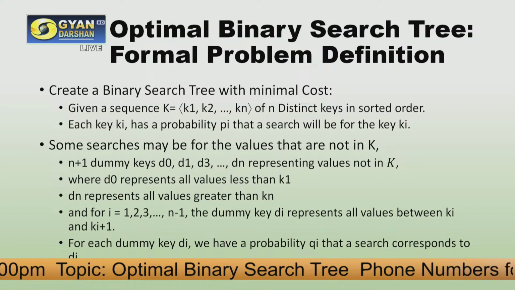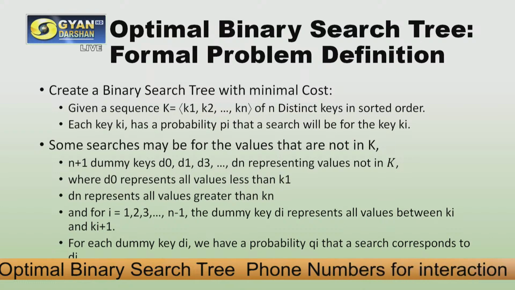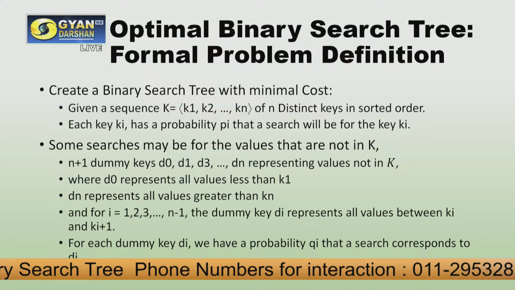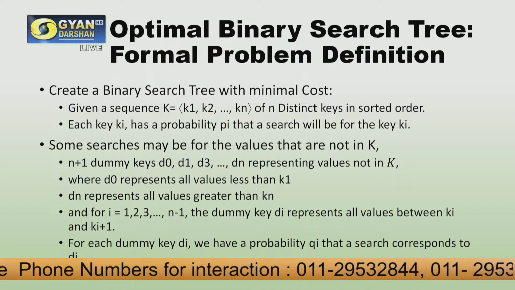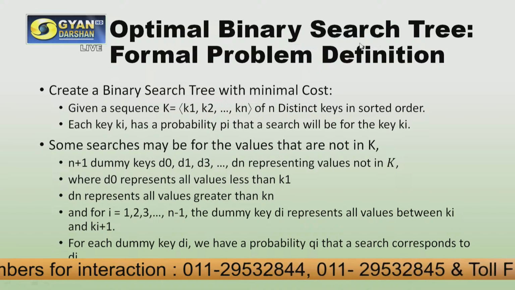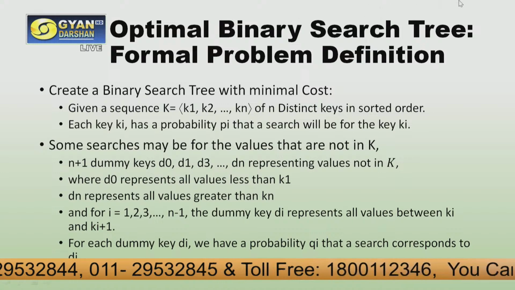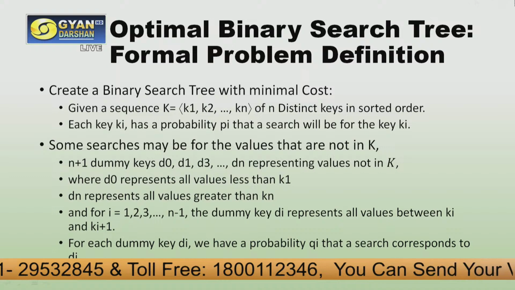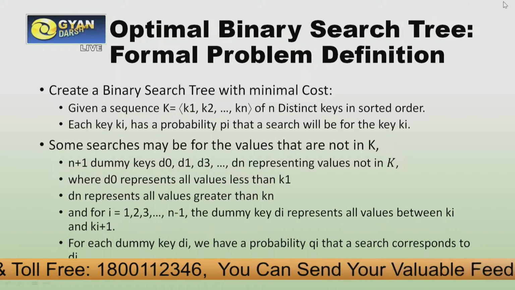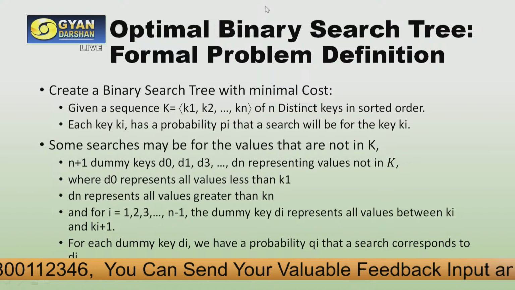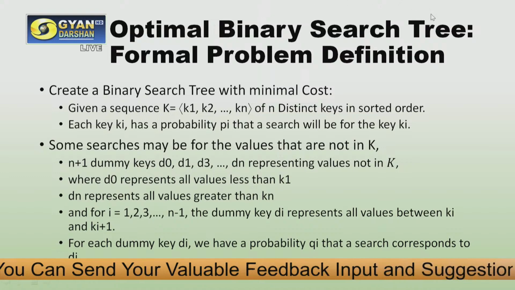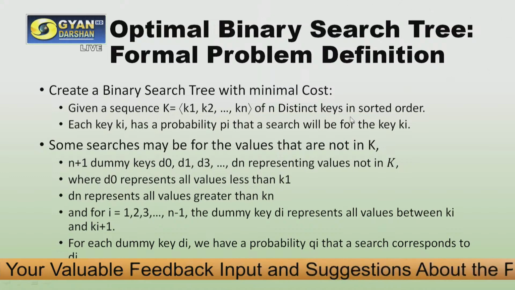Then the values 0.3, 0.3 and 0.1 become the probabilities. So that is the probability we are referring to, the probability of a search being for a particular key. Some searches may be for values that are not in the keys.